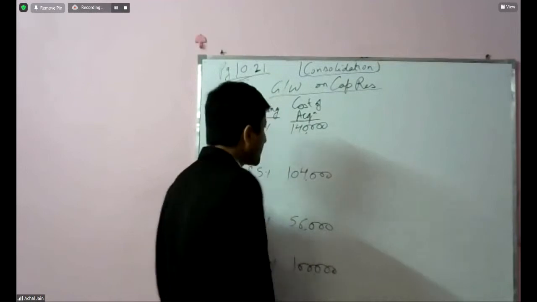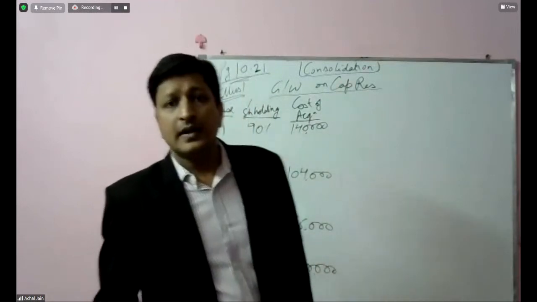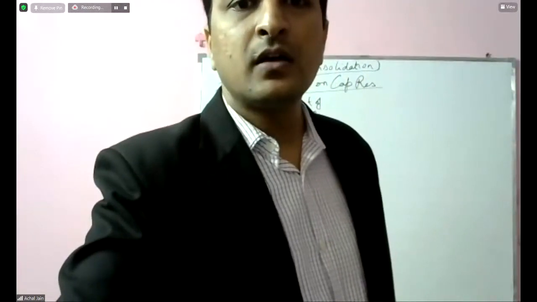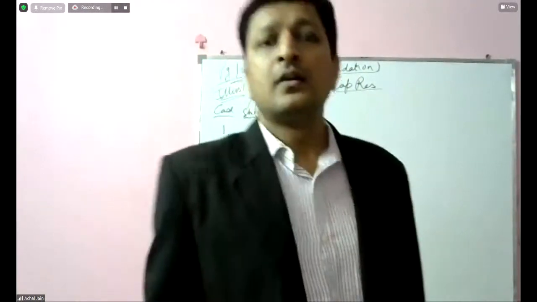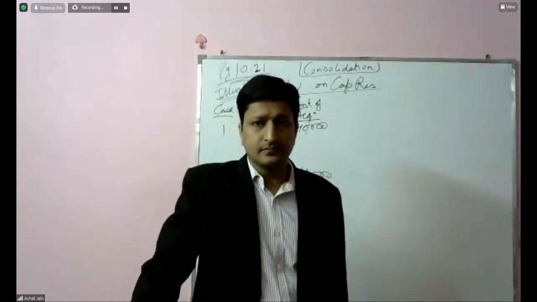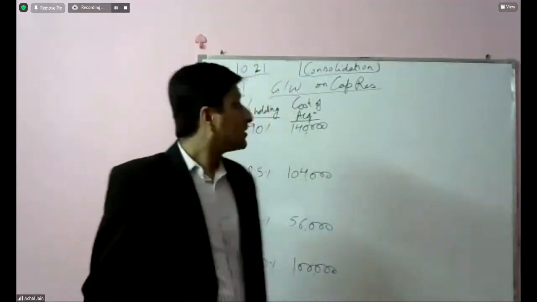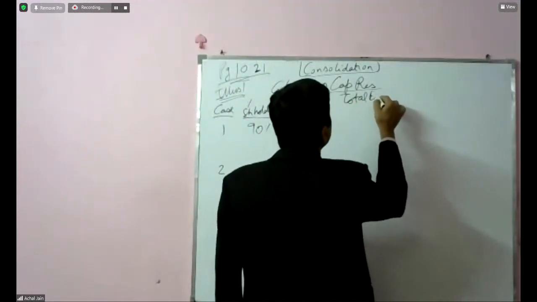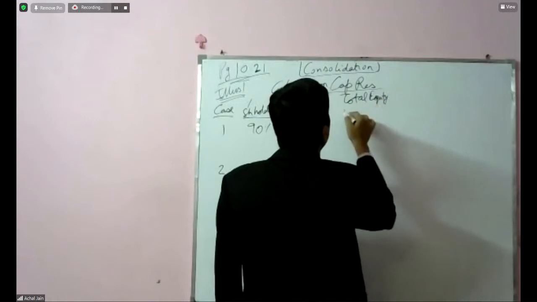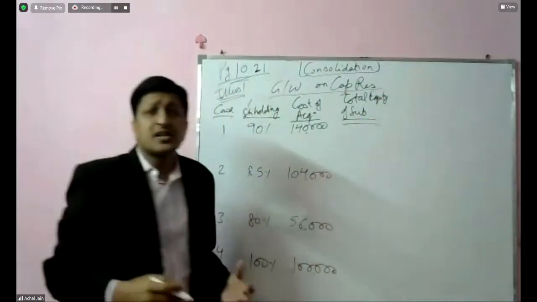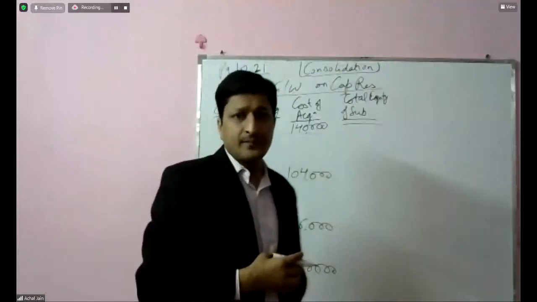Okay. Next information that we need is about the total equity, or you can say total net assets of the subsidiary.